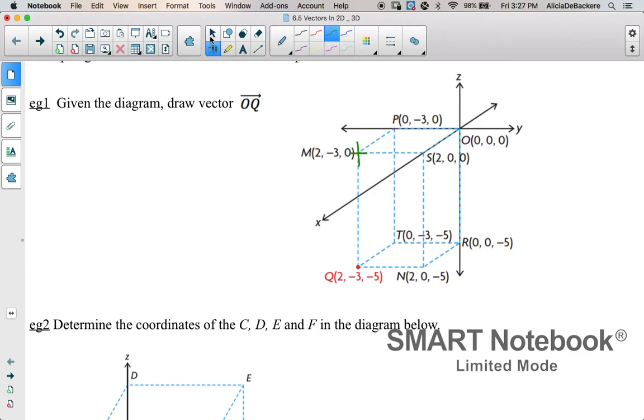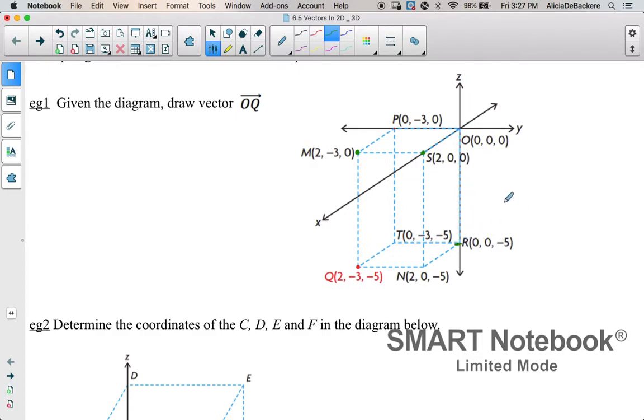So my distance vertically is going to depend on moving from here up or down. And so here I'm not moving up or down. That's why I have a 0. So from this point, if I do want to move down, say 5 units, there I would end up at point Q. Now that means that 5 units on the z-axis is actually slightly higher.